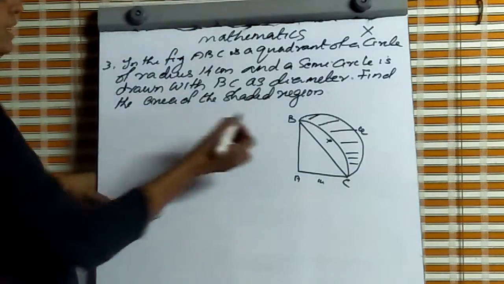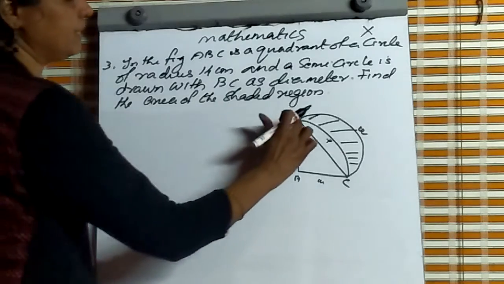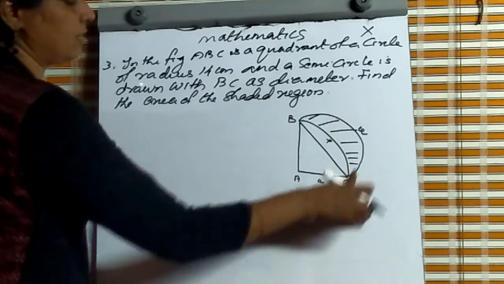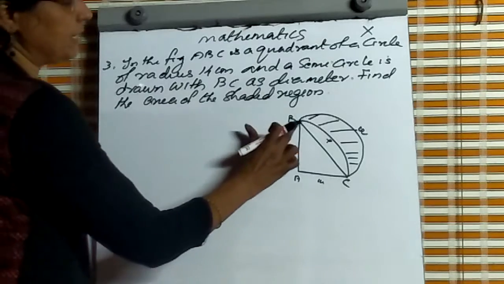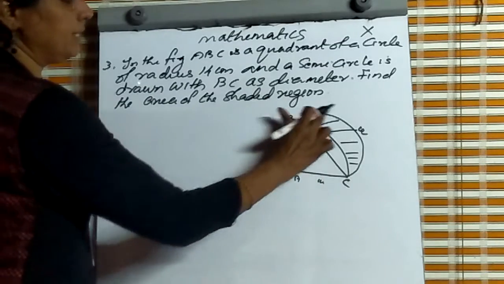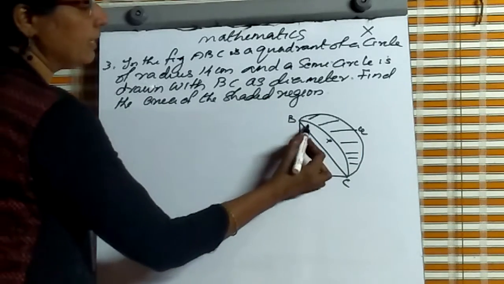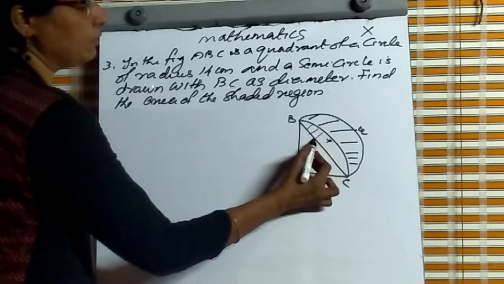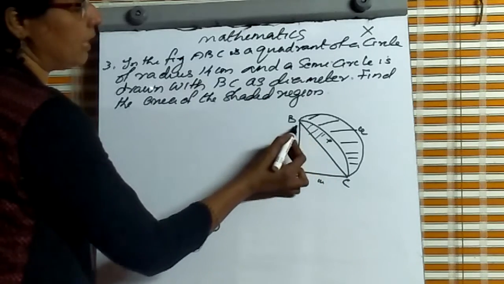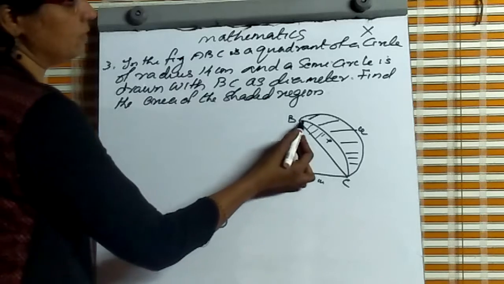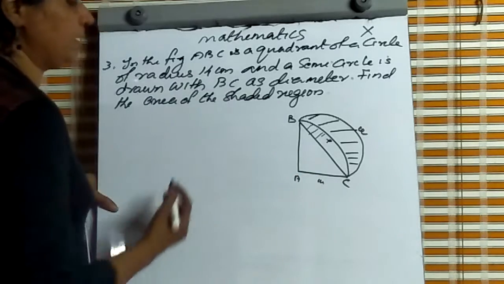The shaded region belongs to the semicircle. To find the area of shaded region, first we find the area of the semicircle, then minus area of this part. What is that part? That part in the figure is the area of segment.